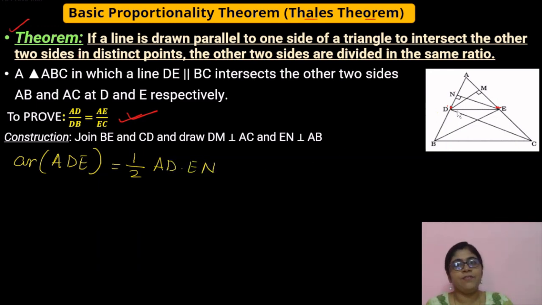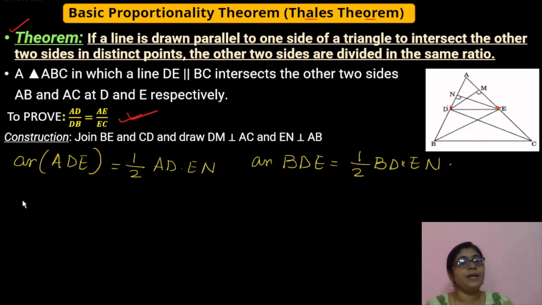Similarly, if we consider triangle BDE, what is the area of BDE? It equals half BD into the perpendicular distance. EN is the perpendicular from E to AB, so it is EN.